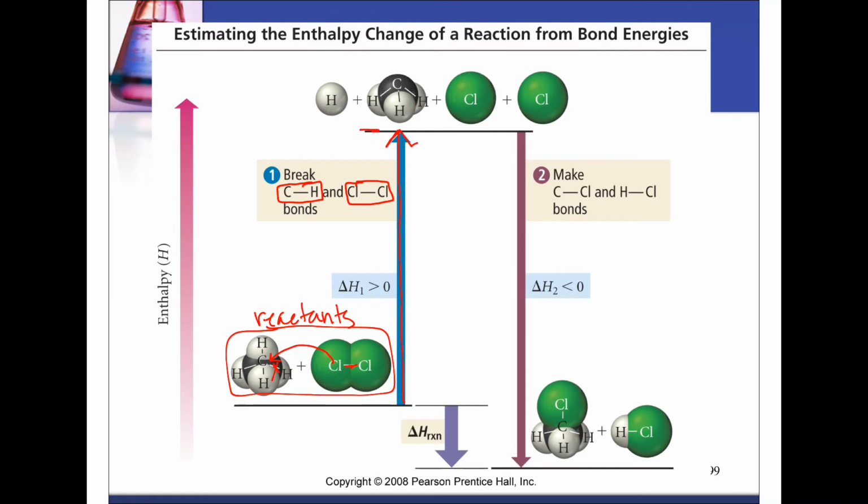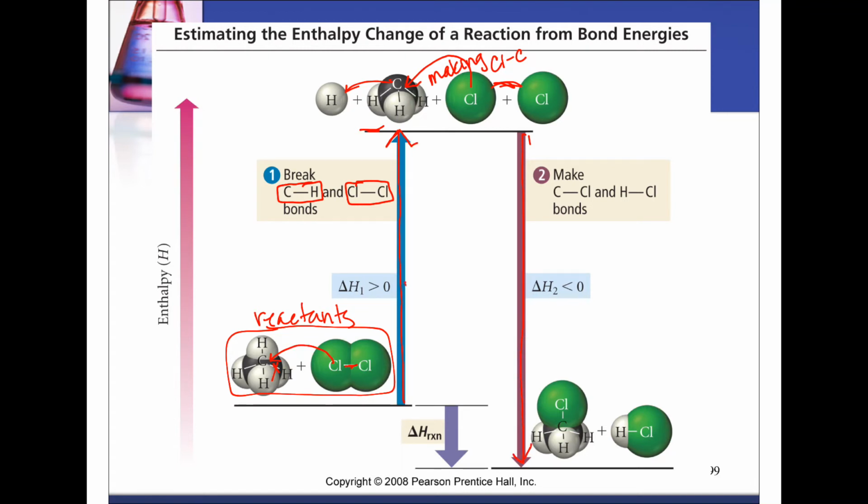Once we've reached this top, we have broken off that hydrogen from the carbon that we had before, and we broke these two chlorines from each other. Now, once the chlorine goes onto that carbon, we're making a bond, and we get energy back when that happens. So we're going to go down. So this is how much energy we get back.